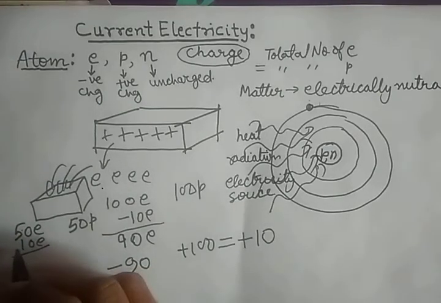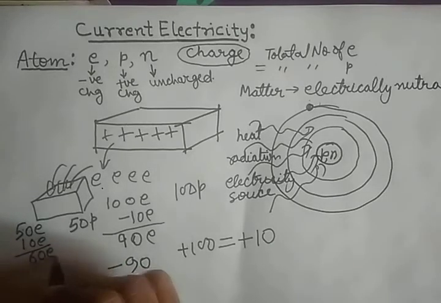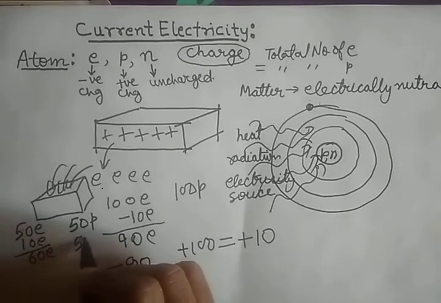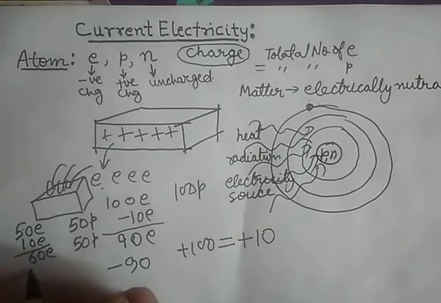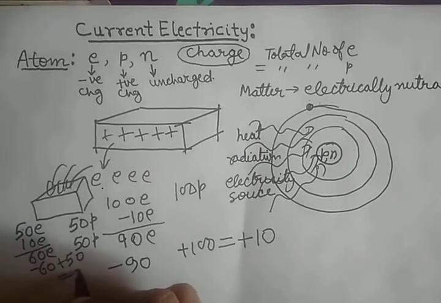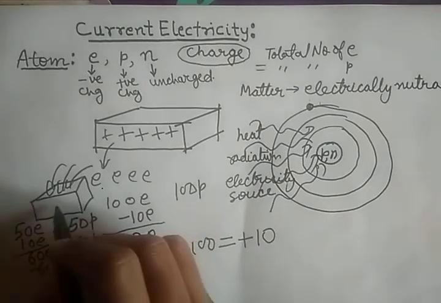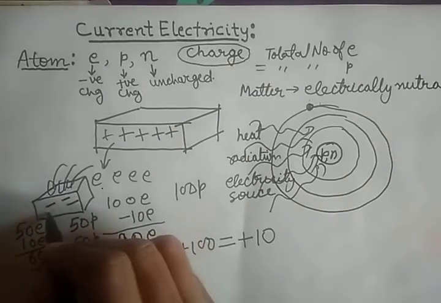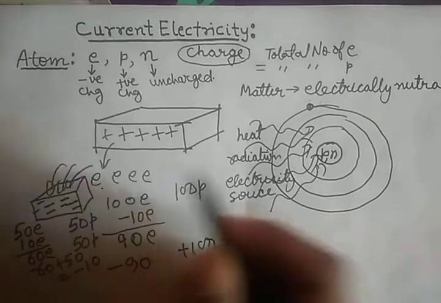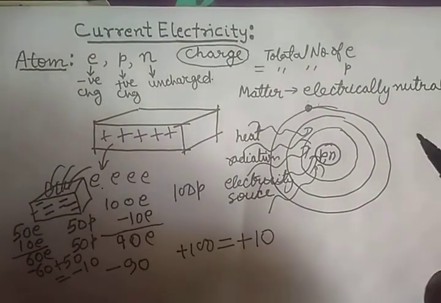So there are 60 electrons and 50 protons. Minus 60 plus 50 is minus 10. This will acquire negative charge. This is how charge transfers.